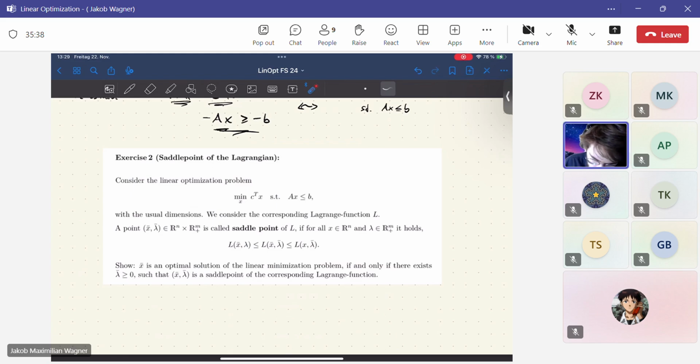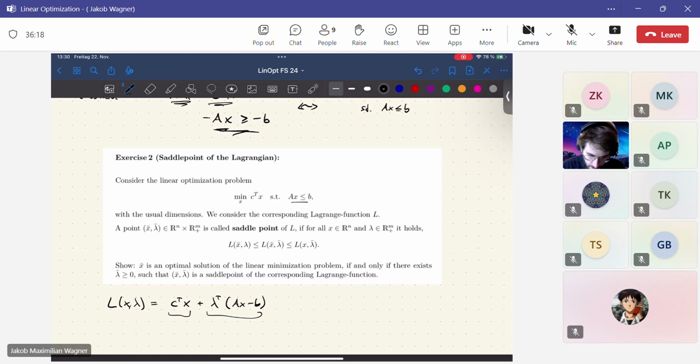And we have this Lagrangian, which is defined as L of x and lambda is c transpose x plus lambda transpose (Ax minus b). So we get the Lagrangian by multiplying the inequality constraint with this new Lagrange multiplier and adding it to the original cost function. This builds our Lagrange functional.